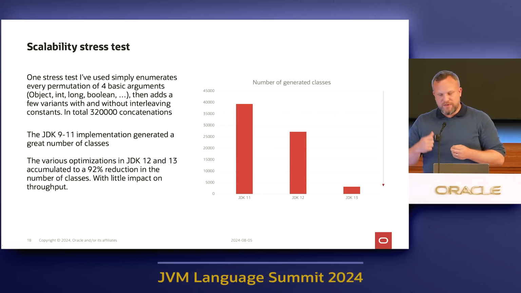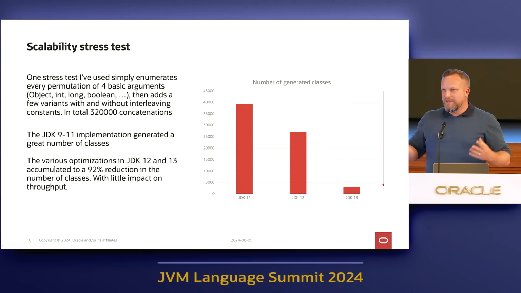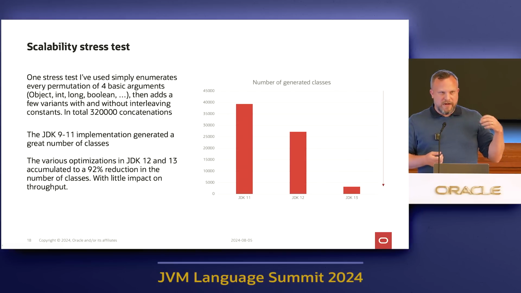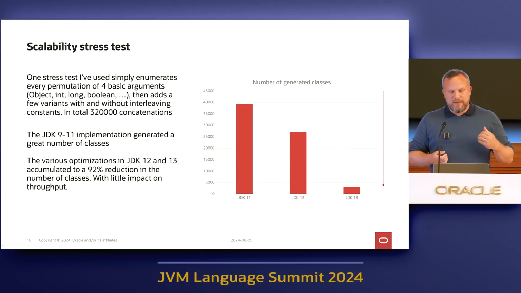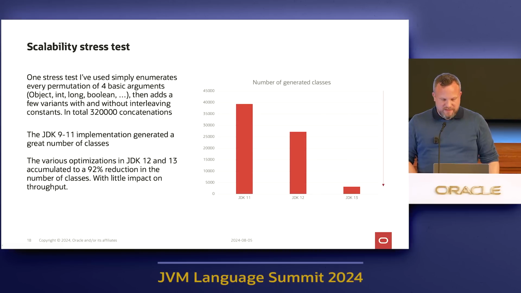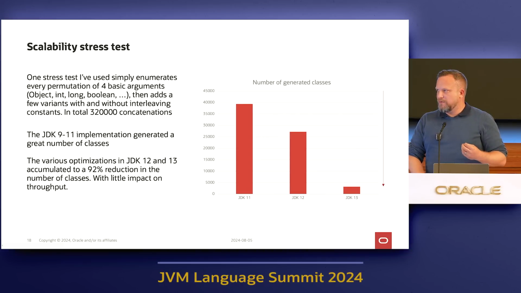I'm going to come back to this test a little bit later, but if we enumerate all the possible expressions and do string concats over them, where every argument is an object, and then permute with all the other basic arguments that affect the shape, then in Java 11, on this test just for 4-arity expressions, we ended up with about 40,000 generated classes.